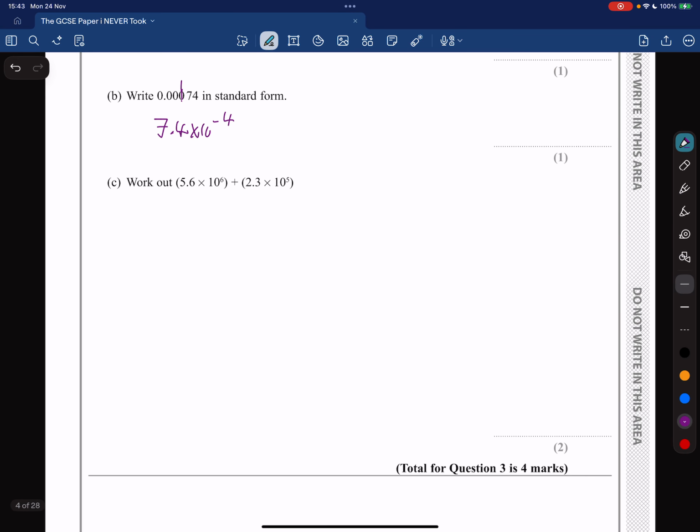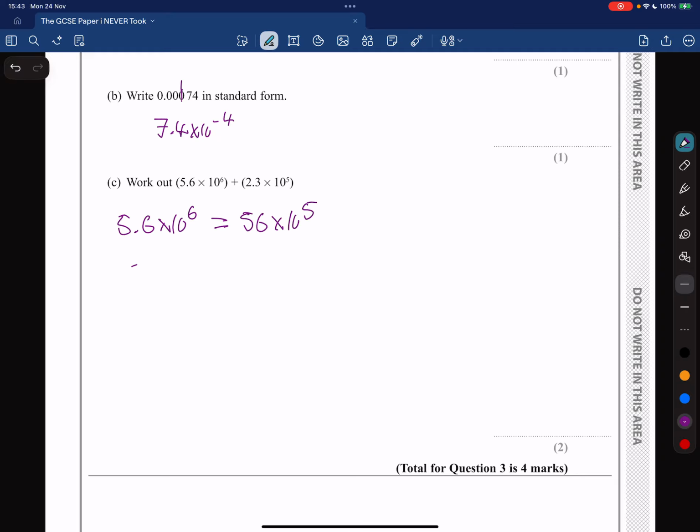And then work out 5.6 times 10 to the 6 plus 2.3 times 10 to the 5. So this is 5.6 times 10 to the 6, which is equal to 56 times 10 to the 5.